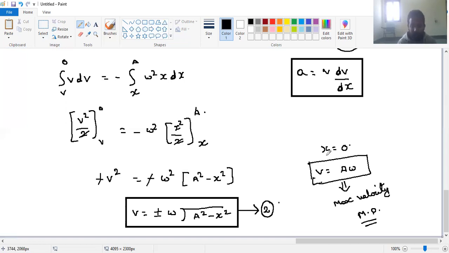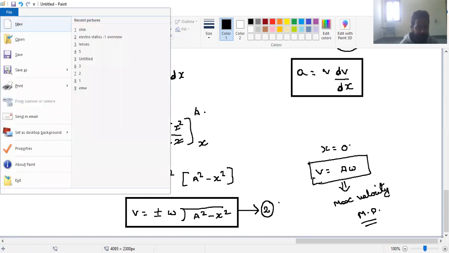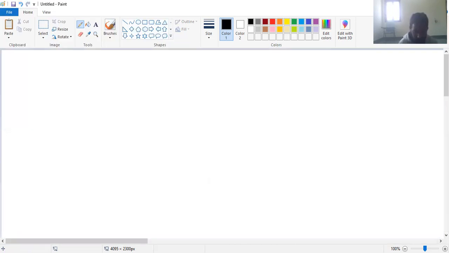So now let me go with the discussion of the equation of the system regarding displacement. We know v is equal to plus or minus omega into root of a square minus x square. Plus or minus I am not taking into consideration because it indicates direction.